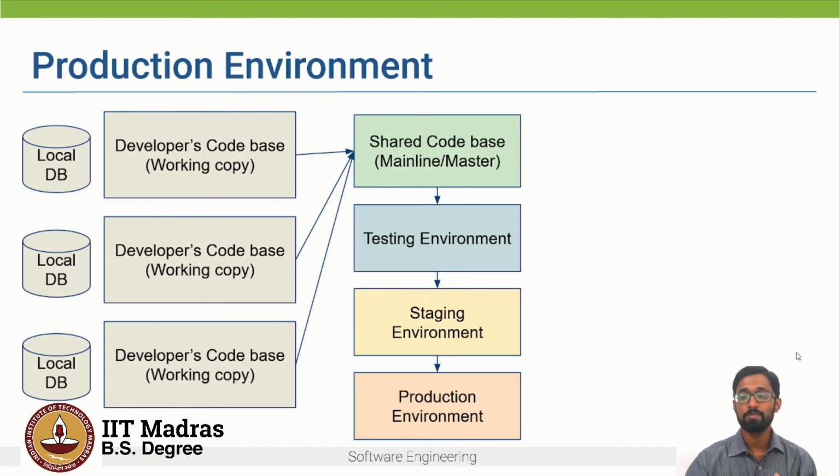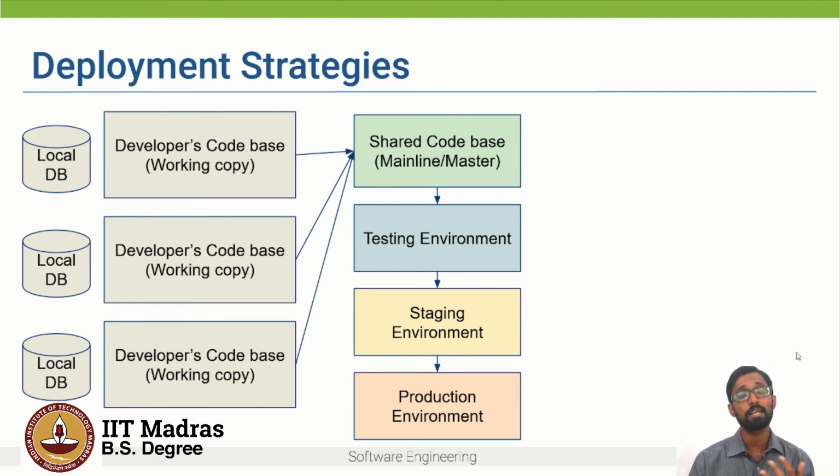And hence we have to follow some strategy so that this transfer of the system from the staging to the production environment is done smoothly, right? And these are known as different deployment strategies, right? So ways in which we can push code from staging to production, right? And we will look at some of these strategies in this video.